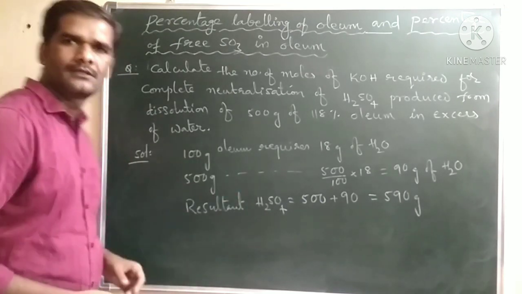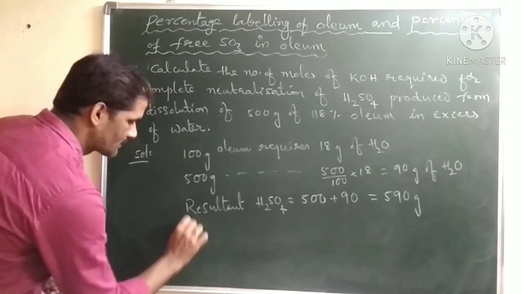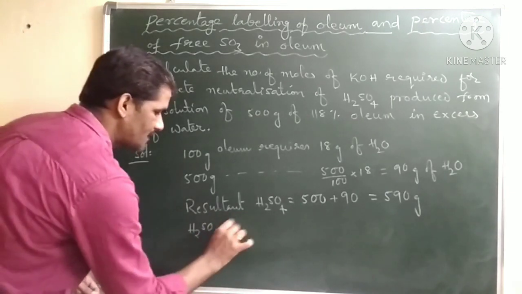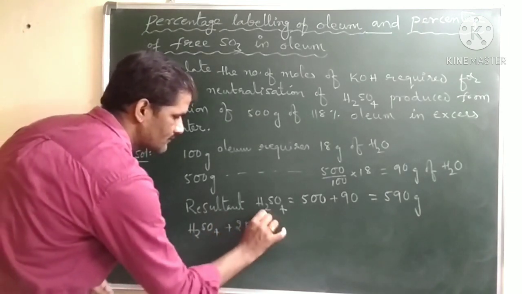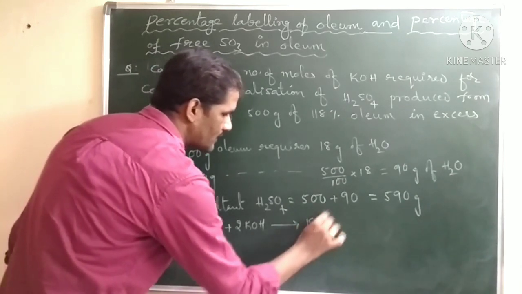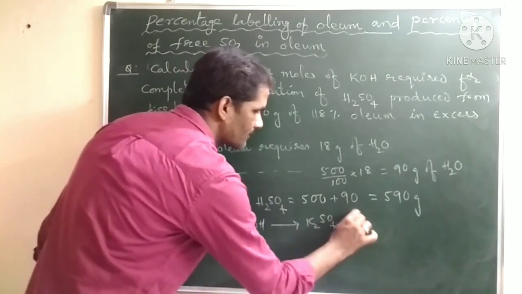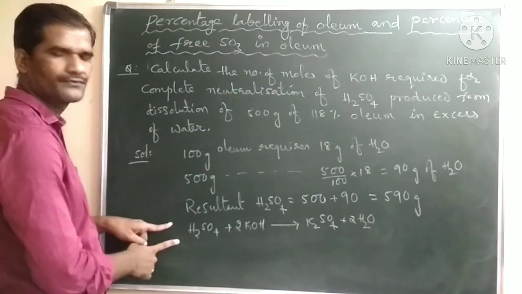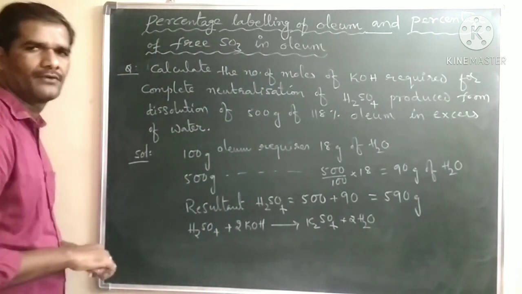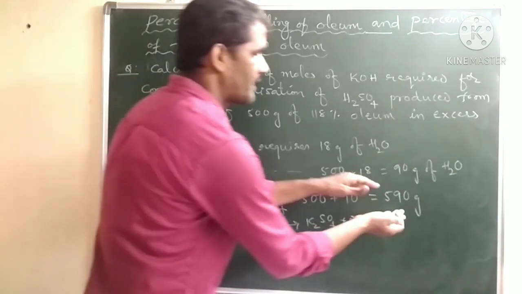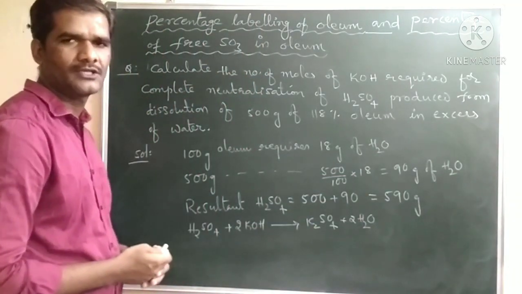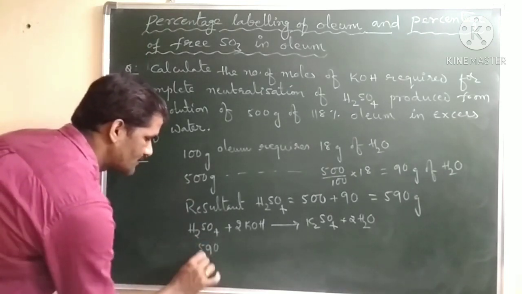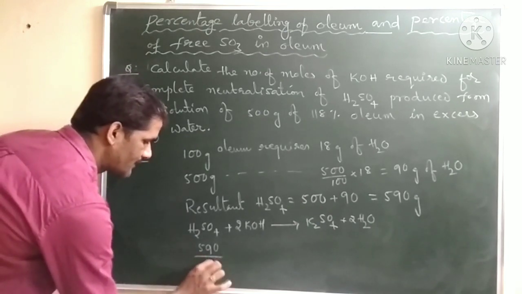Generally you can take the stoichiometric equation, as we know that H2SO4 plus 2 KOH will give K2SO4. So to neutralize 1 mole of H2SO4, we require 2 moles of KOH. Then 590 grams of H2SO4 means how many moles? This is the number of moles of H2SO4, 590 by 98.